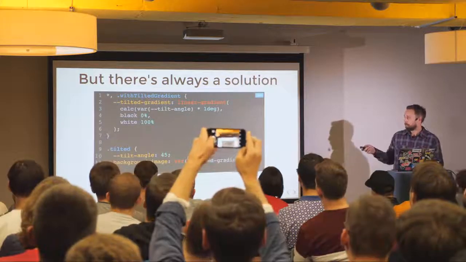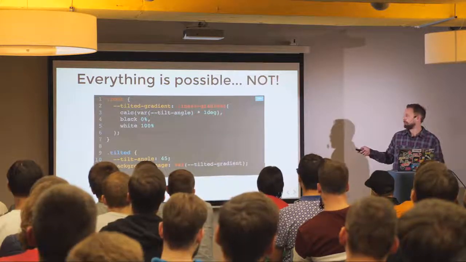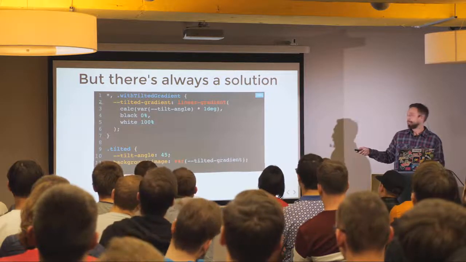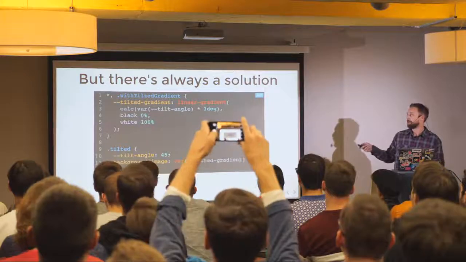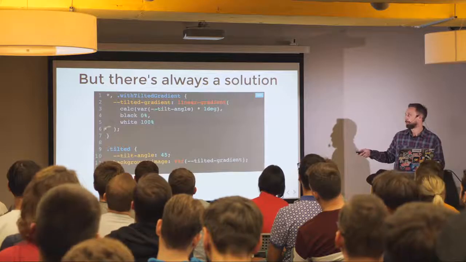Instead of providing a default global variable like this one, you can use any selector, asterisk, or provide a special class which you will have to add to the element where you want to use this gradient, for example, variable.